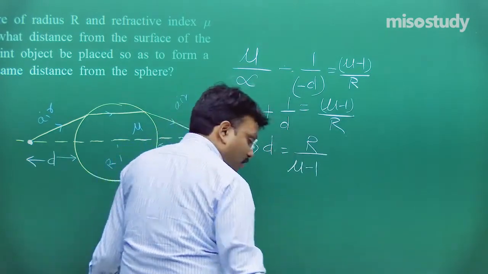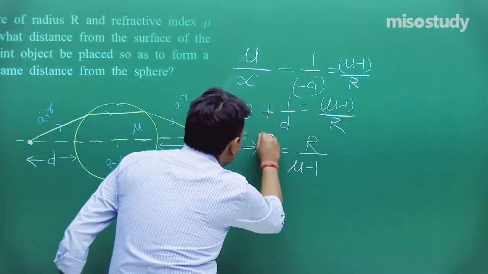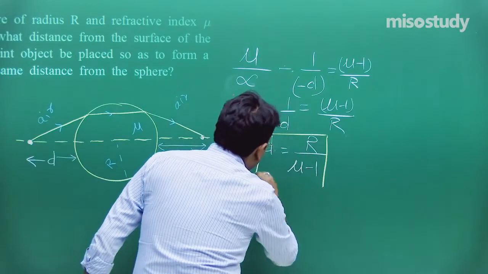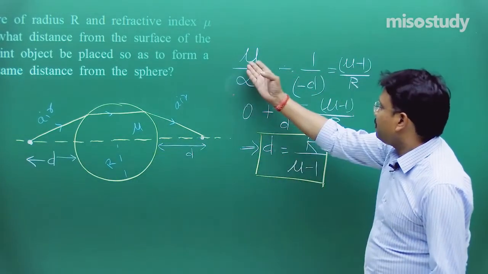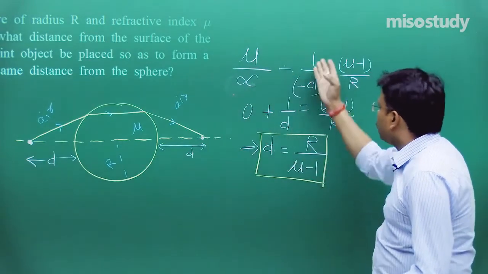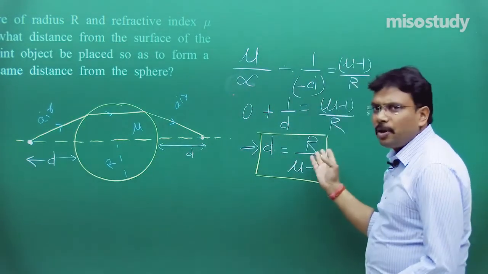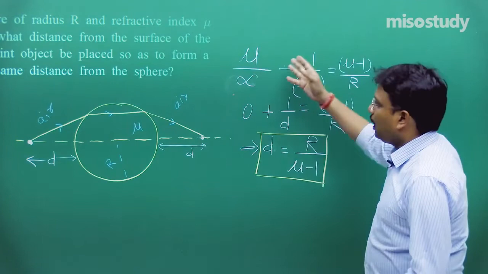So this is your result, that is d is equal to R upon (mu minus 1). Very simple steps, a formula of the type 1 upon u minus 1 upon v is equal to 1 upon f, simply putting the values.